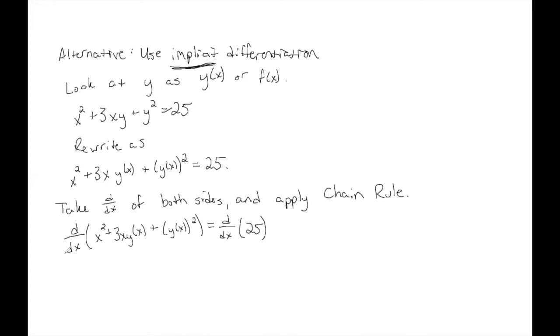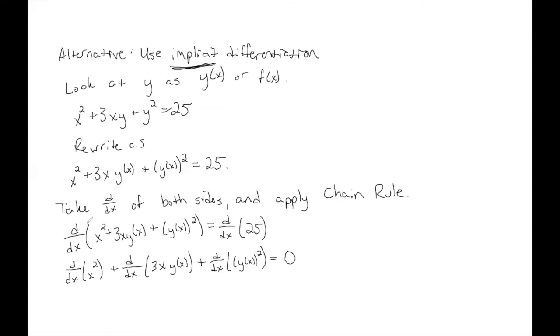Distributing this through, I get derivative of x squared plus derivative with respect to x of 3x y of x plus the derivative with respect to x of y of x squared equals derivative of 25, which is just 0, because this is just a constant.